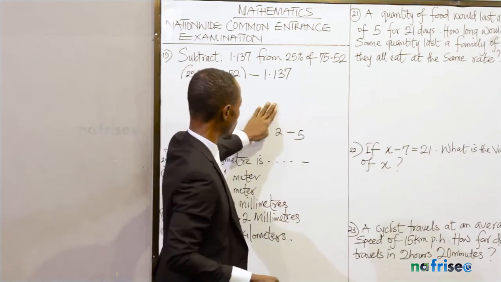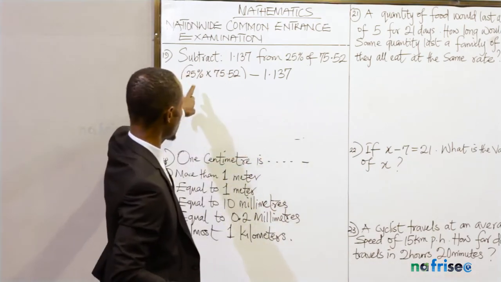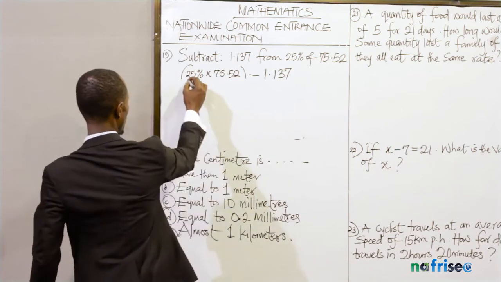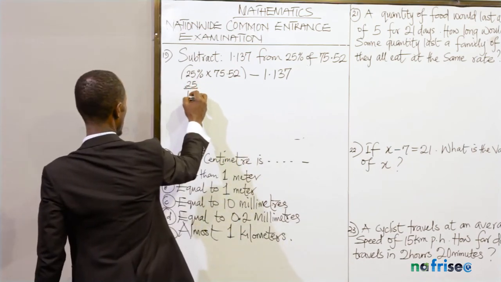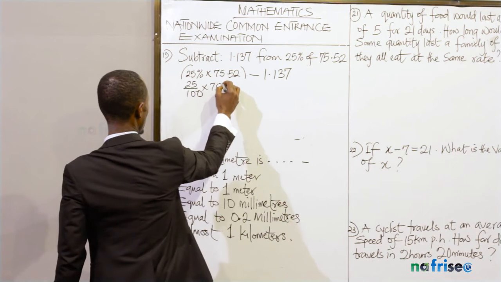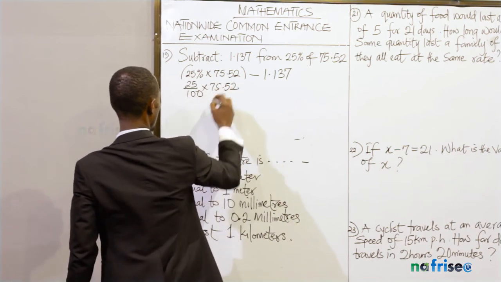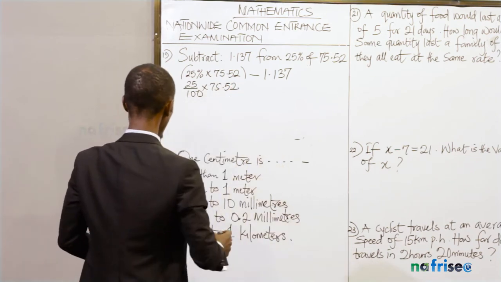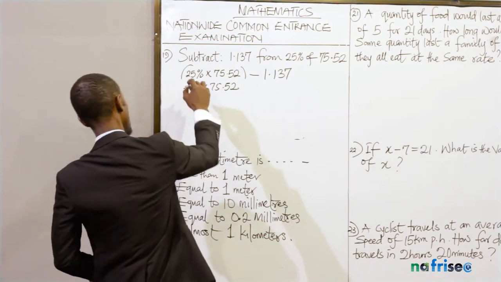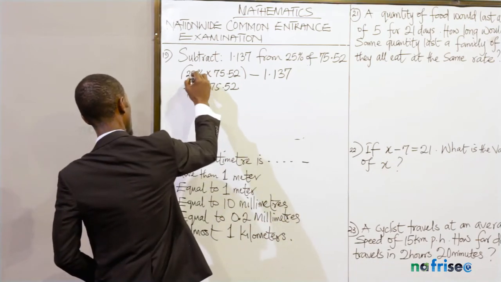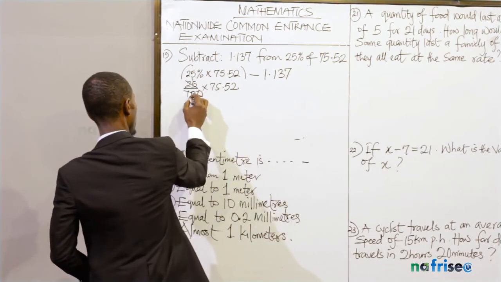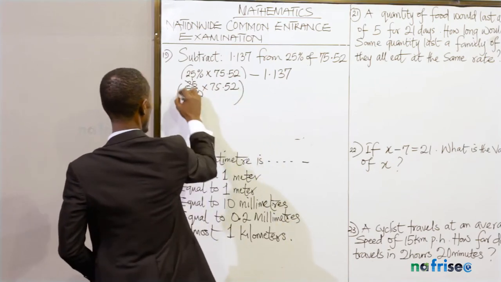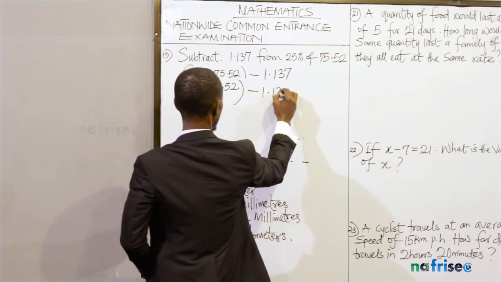So I'll remove this, and we look for 25% of this one here. What do we have? We have 25 over 100 times 75.52, minus 1.137.